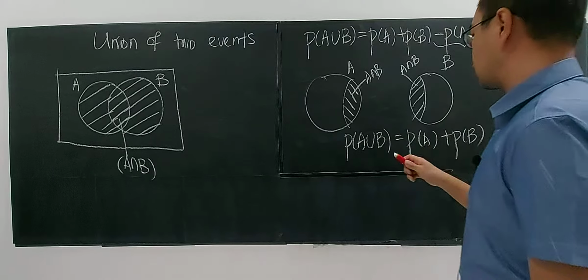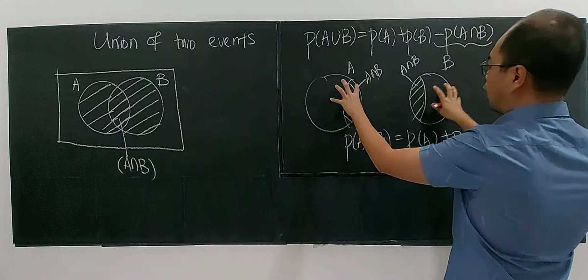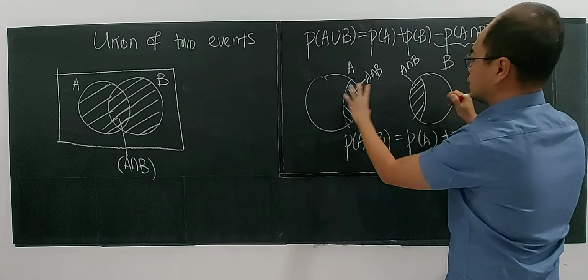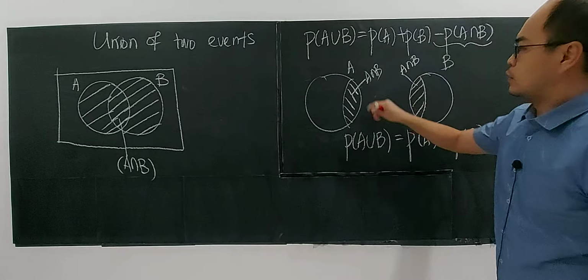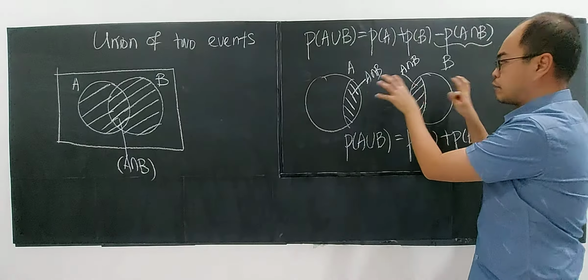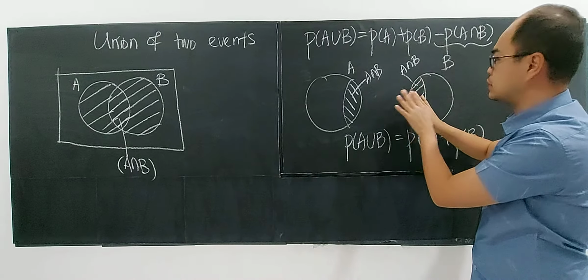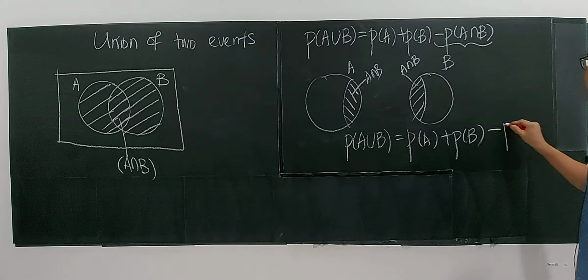The mistake is because when you add up these two, this overlapped region is added twice. When you take P(A) plus P(B), this region has been added twice, so you have to subtract an extra one.